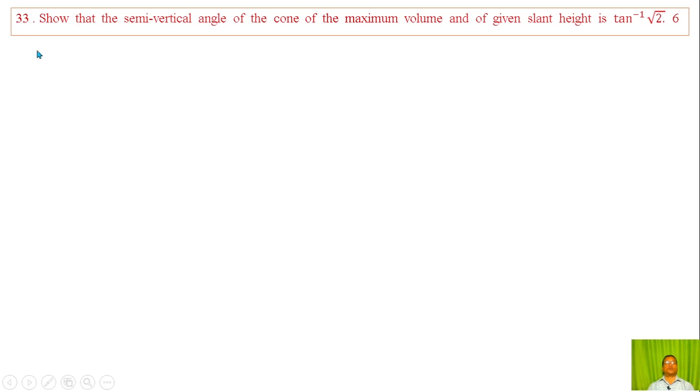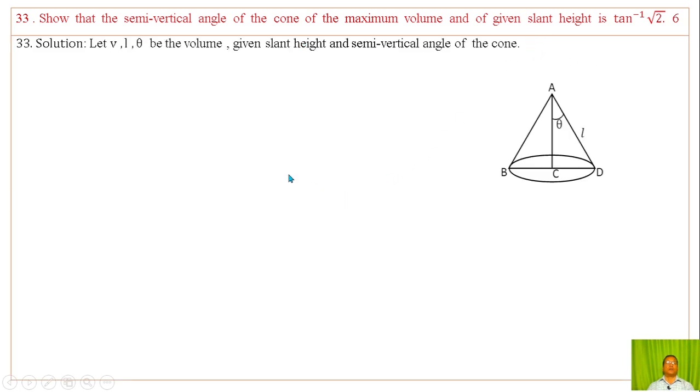Question number 33. Prove that the semi-vertical angle of the cone of the maximum volume and of given slant height is tan inverse of √2, 6 marks. Let l and theta be the given slant height and semi-vertical angle of the cone.